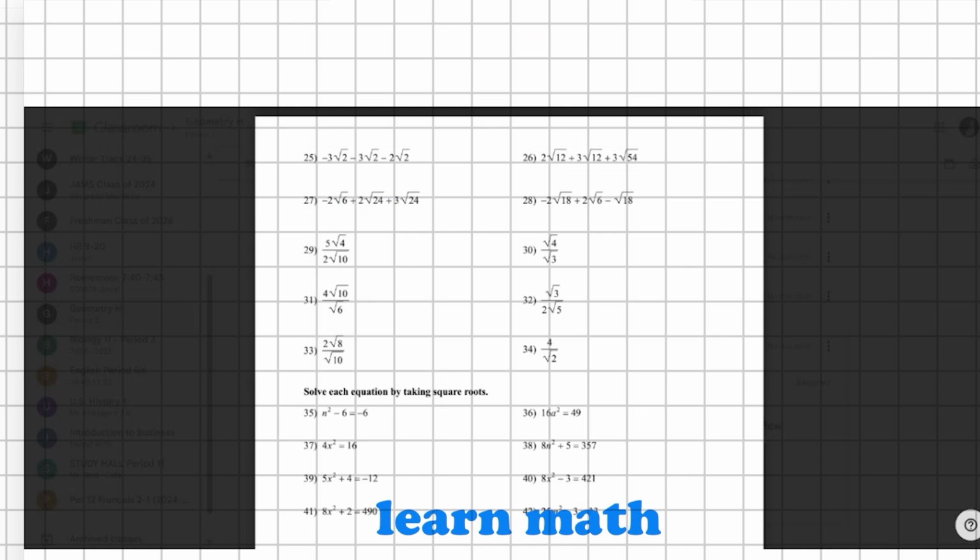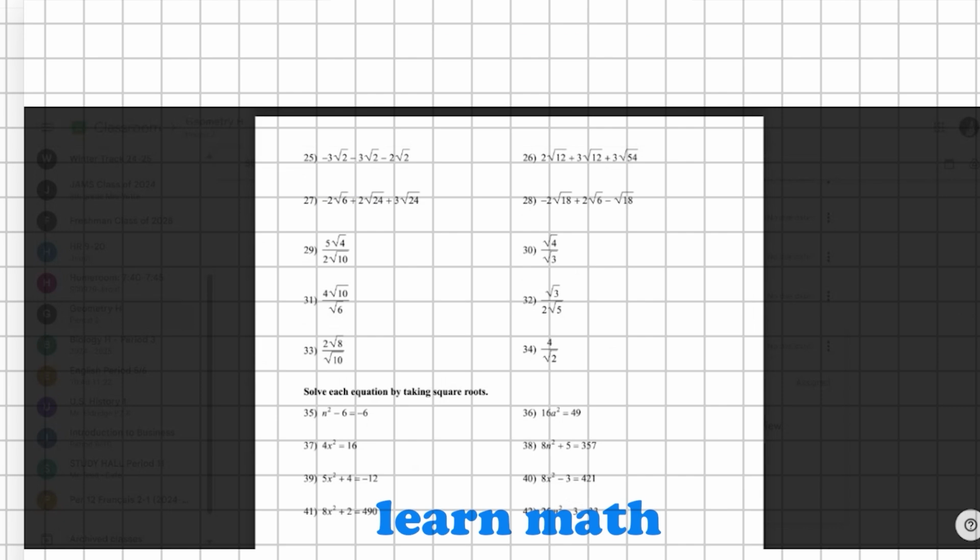Next. Root 10 over 2. Yeah. If you notice carefully, numerator is root 4. What is root 4 actually? Just 2. In the denominator, there is also 2.